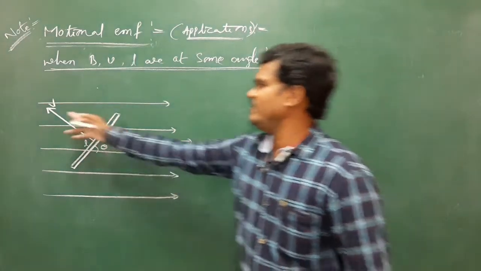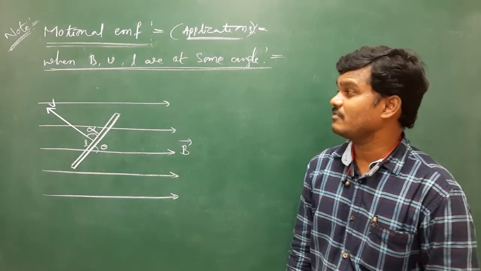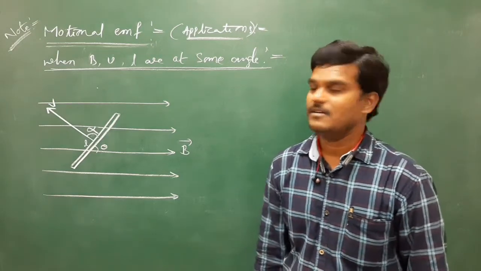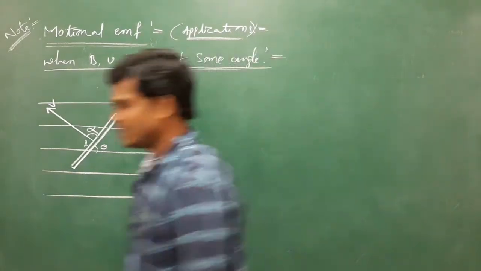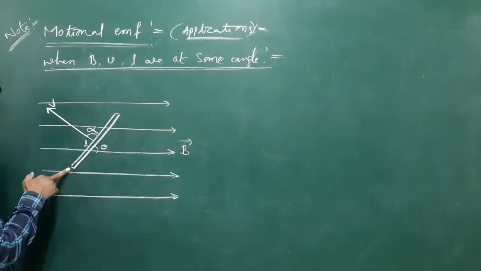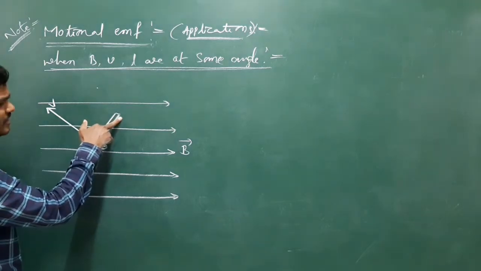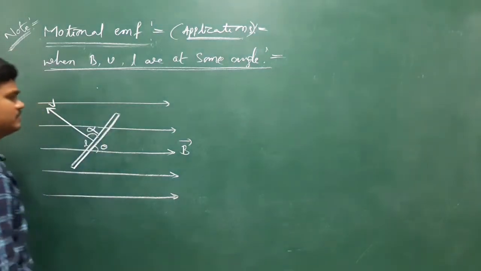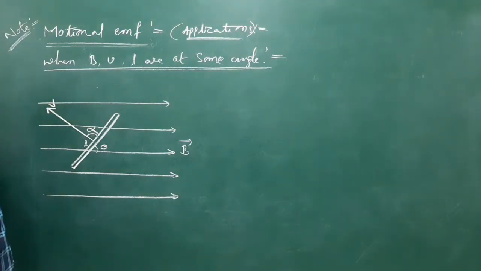The angle between v and B is theta plus alpha. Earlier all were perpendicular, now they are not perpendicular to each other. Again due to this magnetic field, some electrons will gather here, positive charges will gather here, and some EMF will be there. That EMF we call motional EMF, based on this speed.